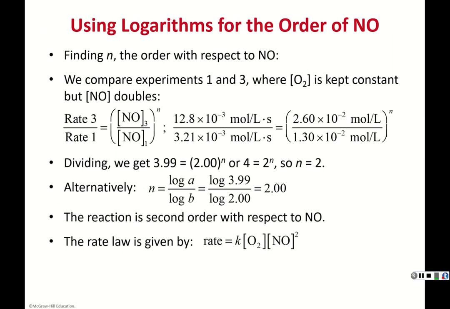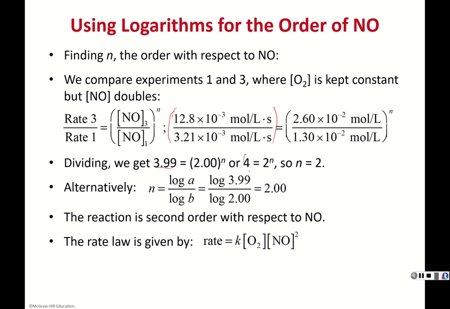In this case, if we wanted to use logarithms to find the coefficient for NO in that previous example, we can do it the way that we did it. You can take the ratio of the rates equals the ratio of the concentrations to the n power. So in that case, 3.99 equals 2 to the n.